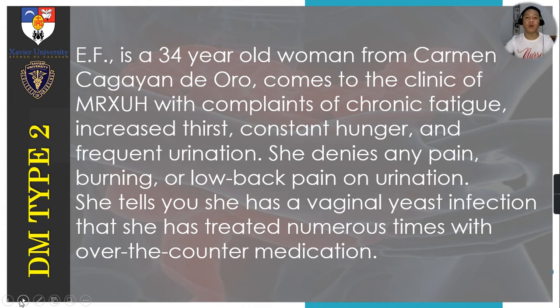EF is a 34-year-old woman from Carmen, Cagayan de Oro City, who comes to the clinic of MRXUH with complaints of chronic fatigue, increased thirst, constant hunger, and frequent urination. She denies any pain, burning, or low back pain on urination. She tells you she has a vaginal yeast infection that she has treated numerous times with over-the-counter medication.